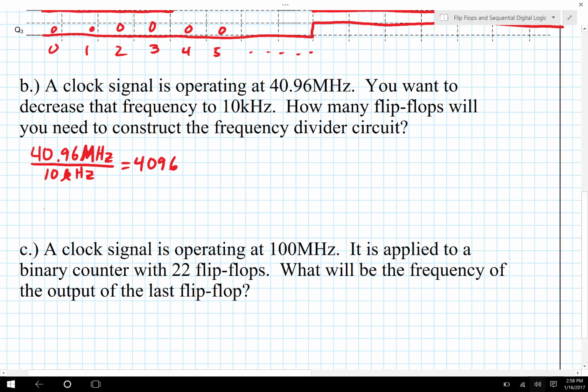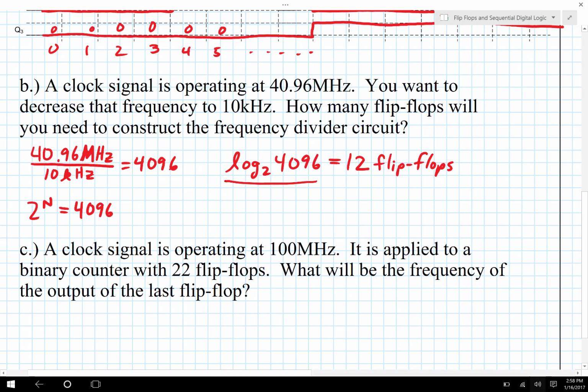Now I can take the base 2 log of 4,096, and I'm going to end up with 12. And so it is, in fact, 12 flip-flops. Or I can ask myself, 2 to the what power is equal to 4,096, which, by the way, is exactly the same question that's being asked by what is the base 2 log of 4,096.